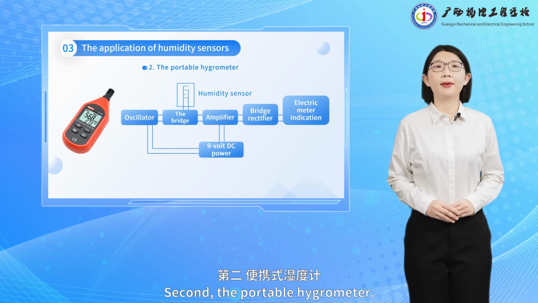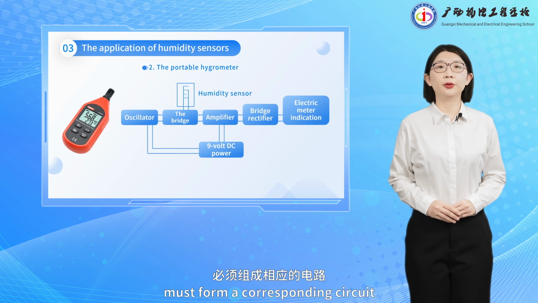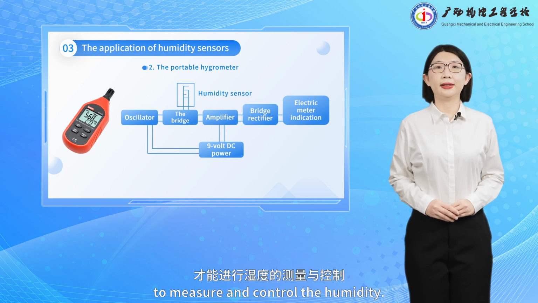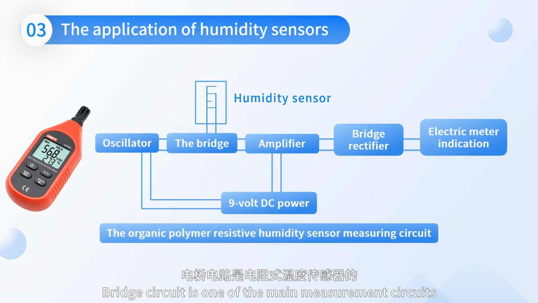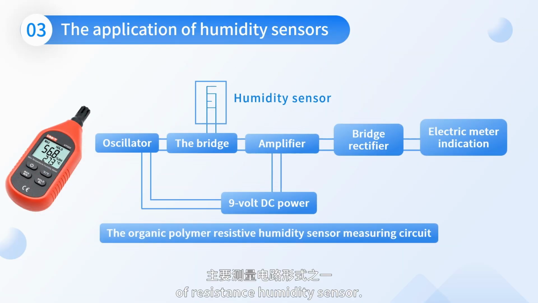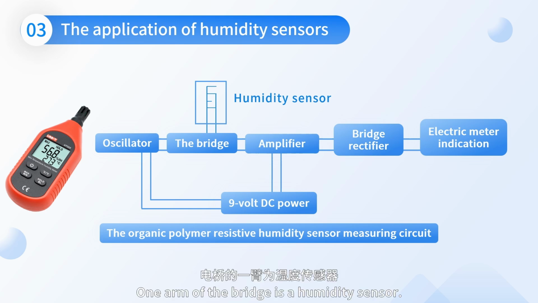Second, the portable hygrometer. The humidity sensor must form a corresponding circuit to measure and control the humidity. Bridge circuit is one of the main measurement circuits of resistance humidity sensor. The oscillator provides AC power to the circuit. One arm of the bridge is a humidity sensor.